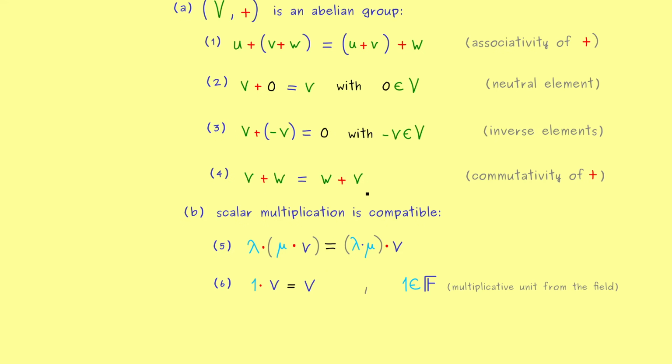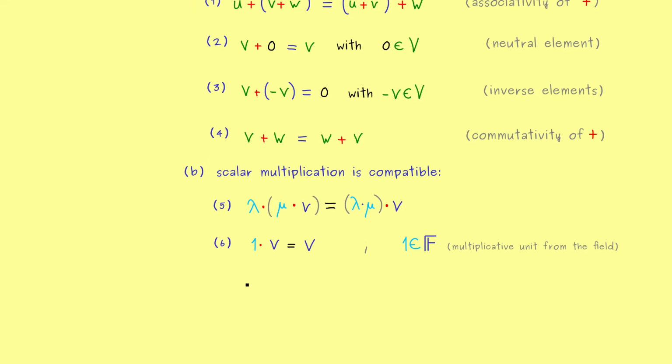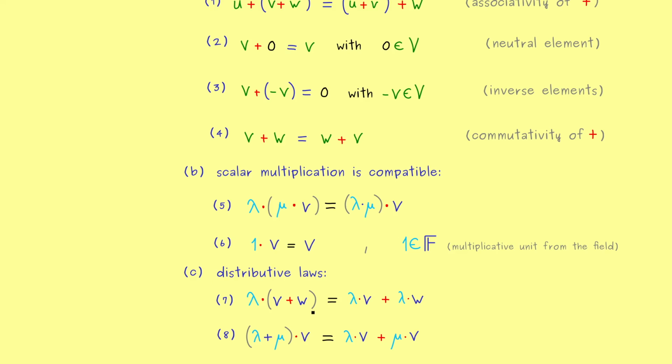Okay, and now we exactly need 2 rules more. Also these can be put together and we simply speak of distributive laws. And of course they are essential because they connect the scalar multiplication with the vector addition. So for example, here it means scaling the result of a vector addition is the same as adding the 2 scaled vectors.